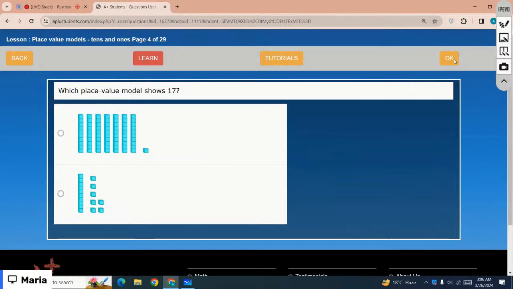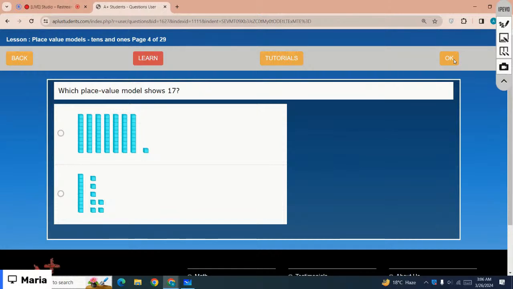Which place value model shows 17? Which is the correct option? 17 means you have 7 ones and 1 ten.